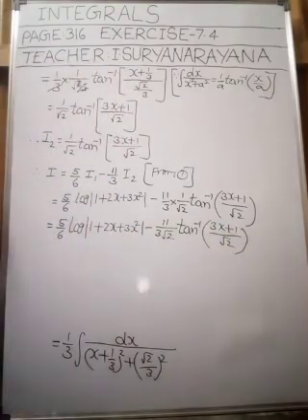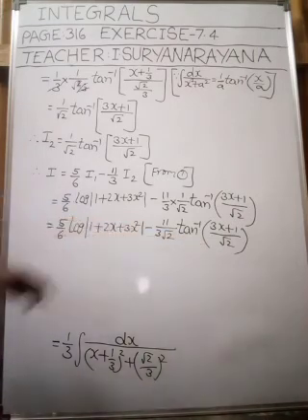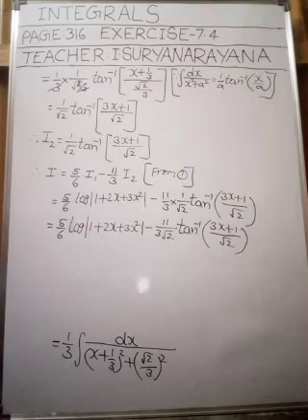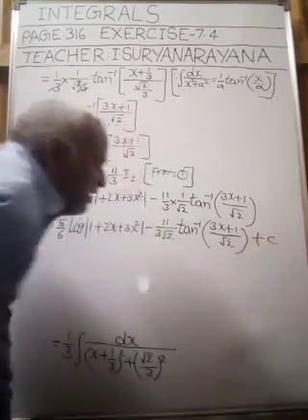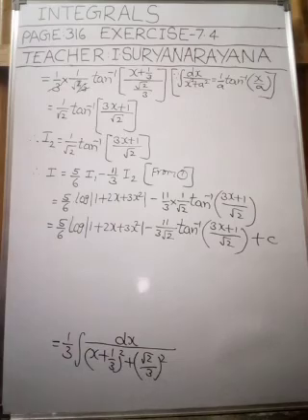Integral part is over and the simplification part is also over. Okay, my children, this is the last step. At the last step, what should we do? We have to add constant of integration. So plus c. Understood, my dear children?